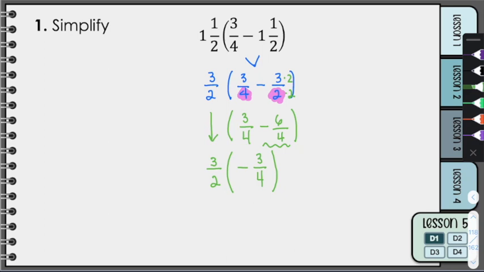So here we have 3/2 times negative 3/4, we get 3 times 3 is 9, 4 times 2 is 8, and it would be negative because a negative times a positive is always a negative. I'm going to simplify this, and my answer is going to be negative 1 1/8. And there we have it. That is our answer for number 1.